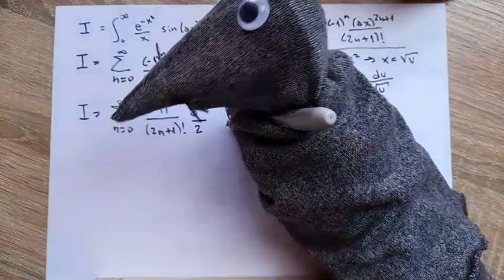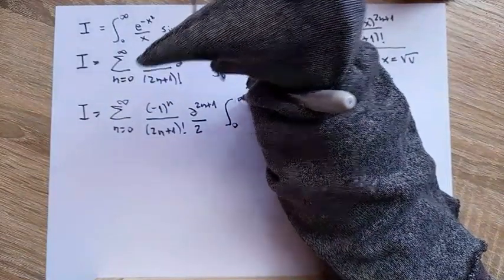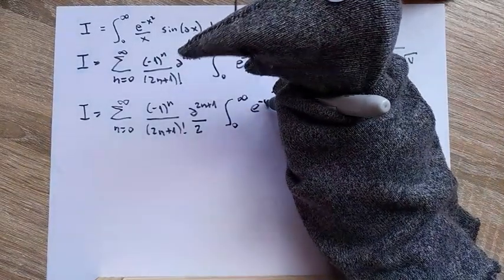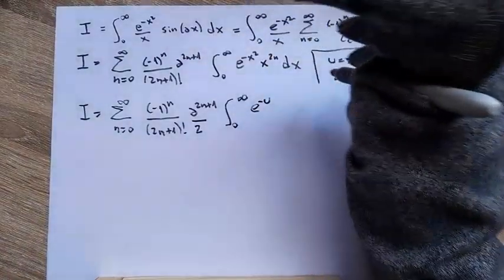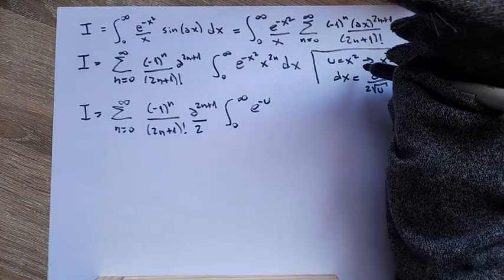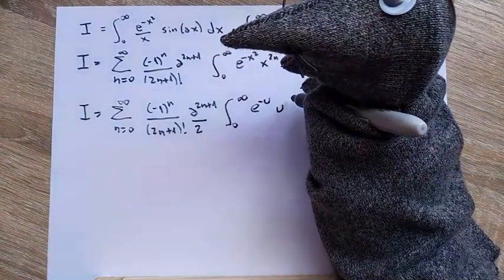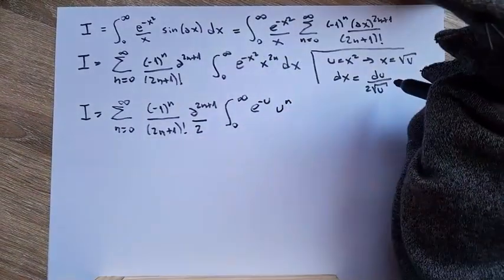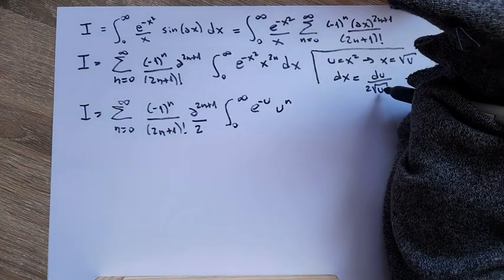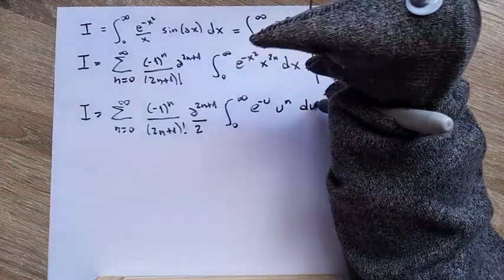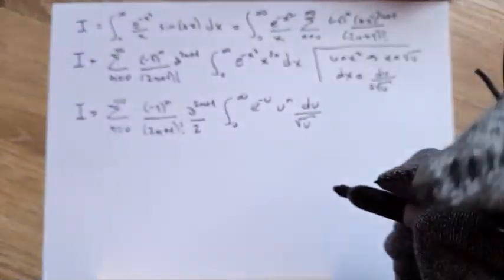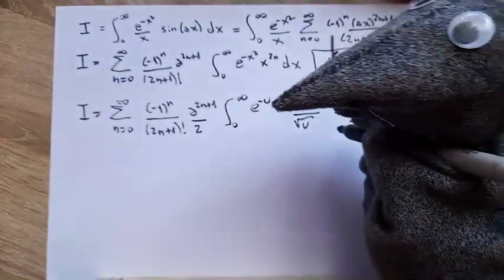So we get the same integration limits of e to the minus x squared, but the minus x squared is minus u. x to the 2n is now just u to the n. And we have the differential du over the square root of u.